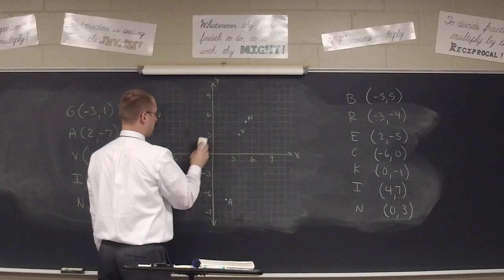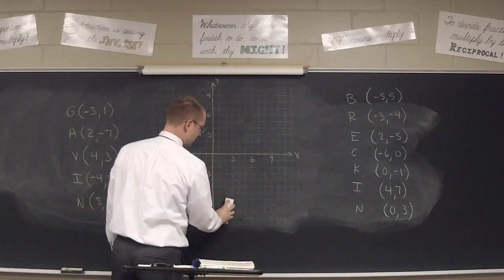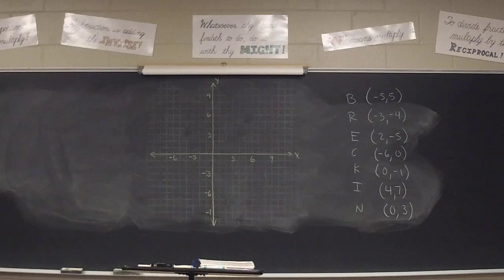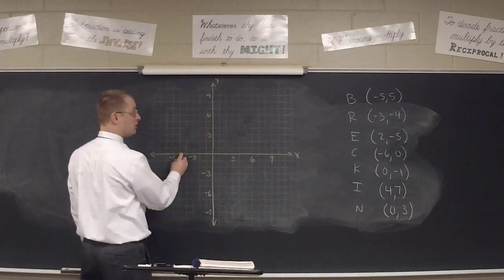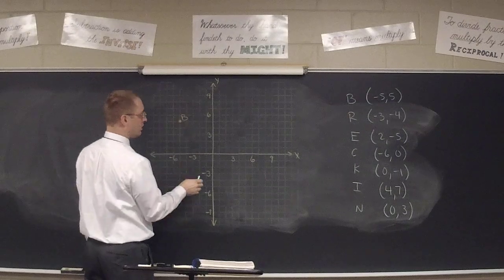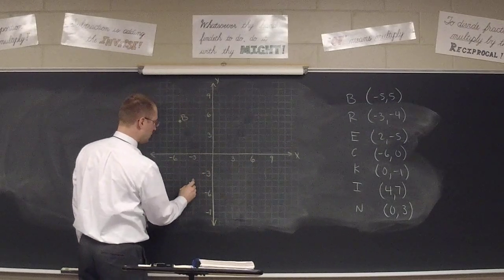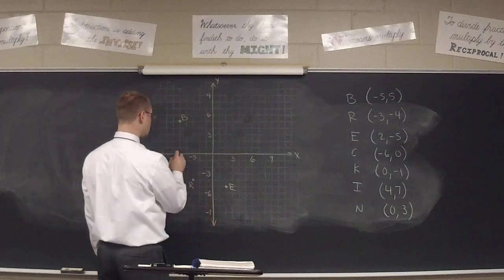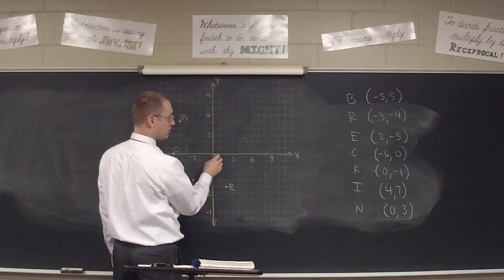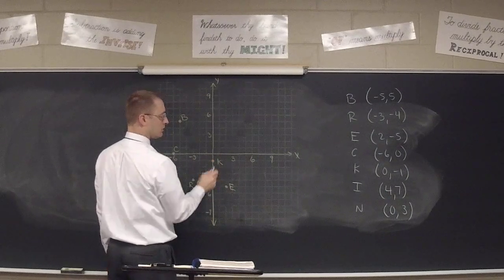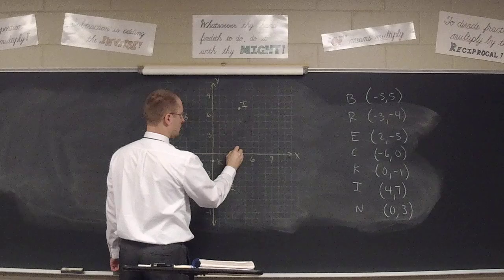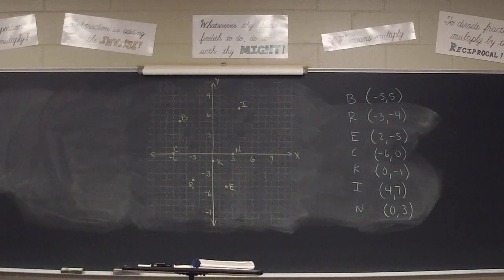I'm going to cheat and just erase Gavin. And there's Brecken. He looks a little more scattered than Gavin, doesn't he?